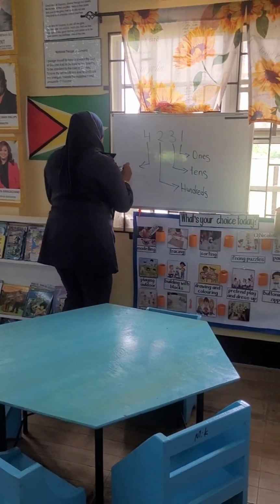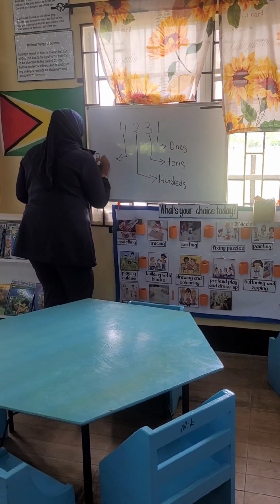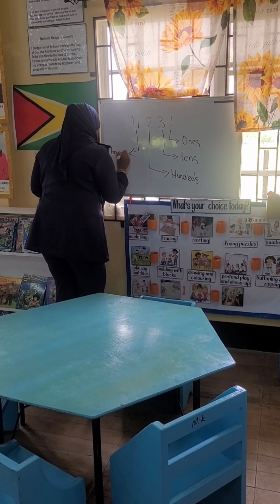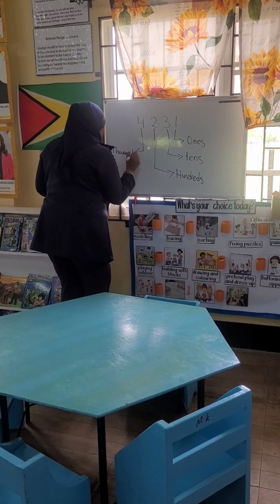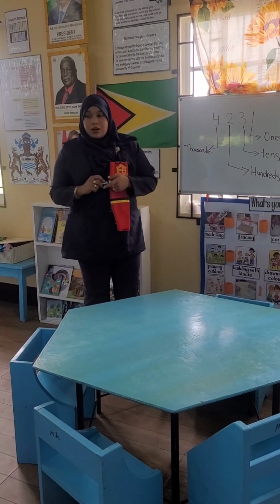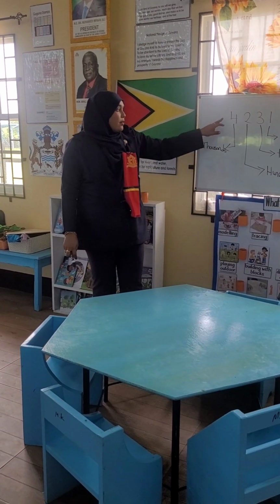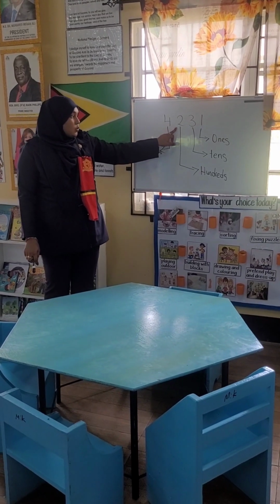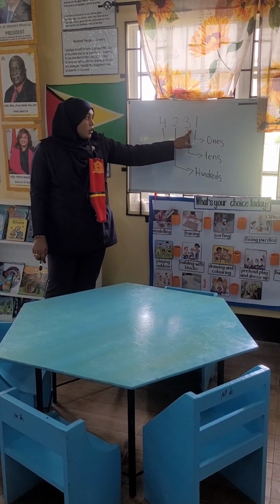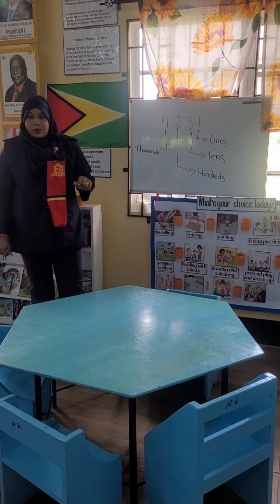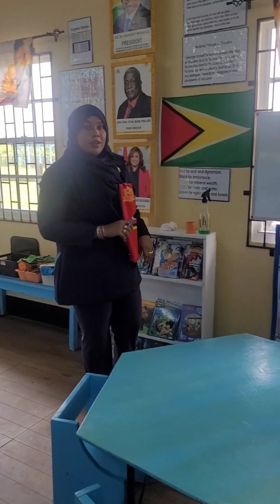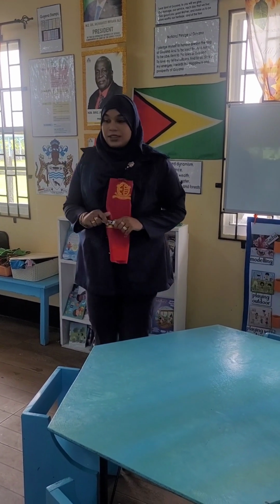Thousands, very good. So if we were to call this number, we would say 4,231. Okay? Good. So let us continue.